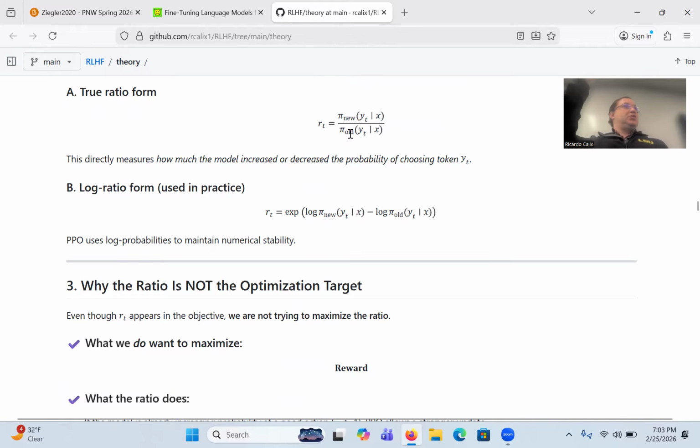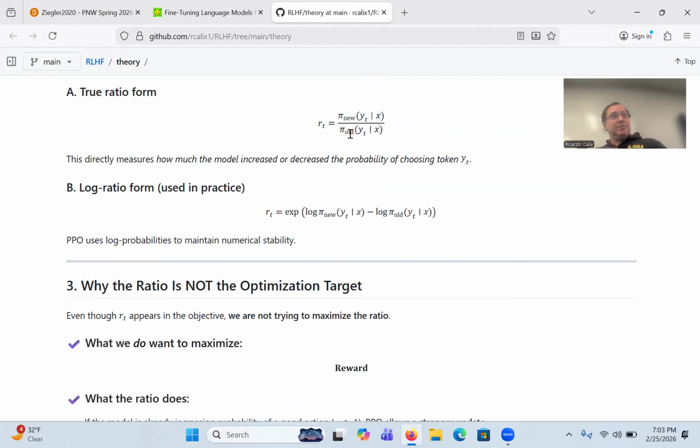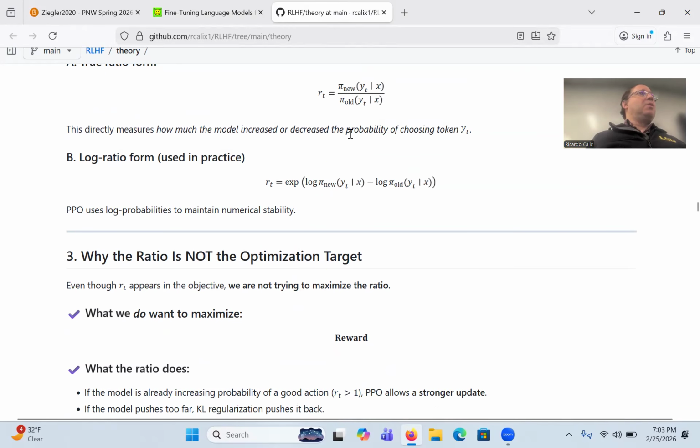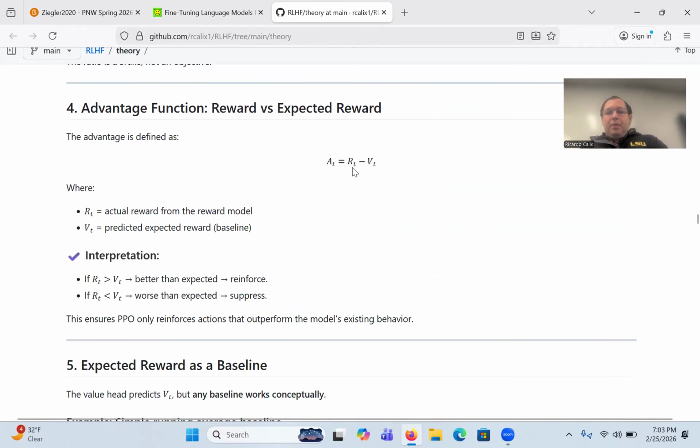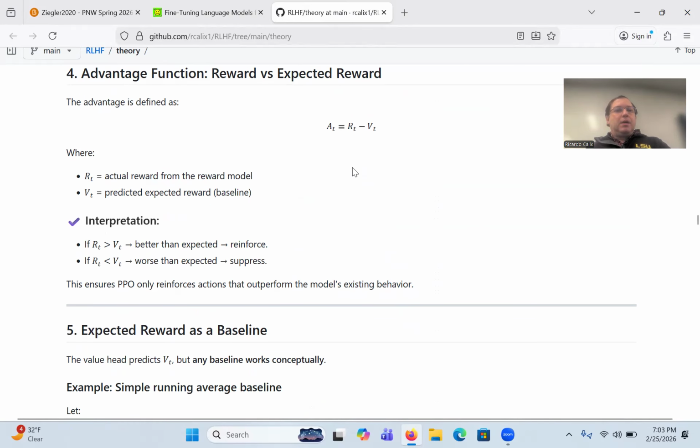Old would be just the last iteration, for instance. Original needs to be at the very beginning. So if you have 1,000 iterations of this process, it's the policy before iteration 0, okay? That's so it doesn't deviate from what you already had fine-tuned.